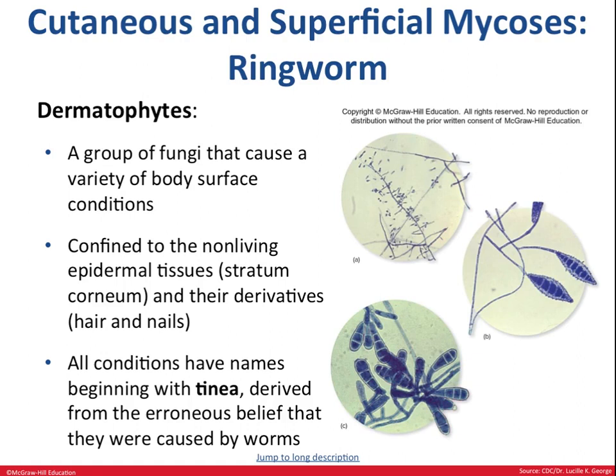They can also infect accessory skin parts like the hair and the nails. All the conditions have names with Tinea, because Tinea means small worm. It was a wrong belief that those diseases are caused by worms. Actually, not.